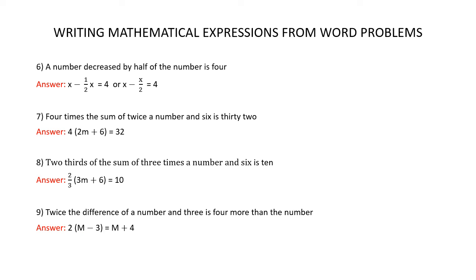Now this is equal to 4 more than a number. More than means plus. So 4 more than the number means you have to add 4 to m, which means m plus 4. So twice the difference of a number and 3 is 4 more than a number is written as 2 multiplied by (m minus 3) is equal to m plus 4. Hope you have understood this.